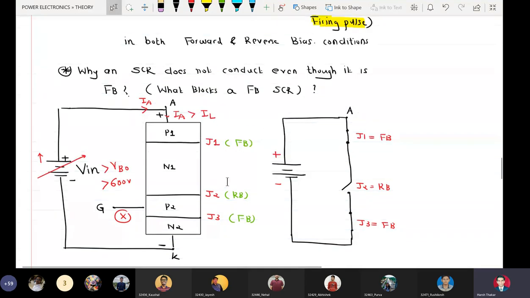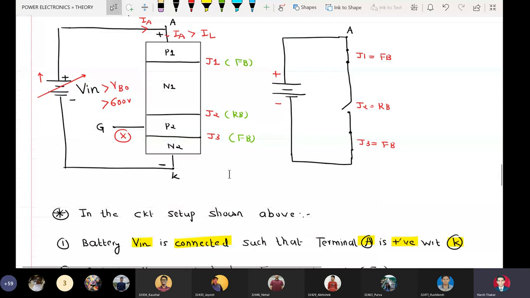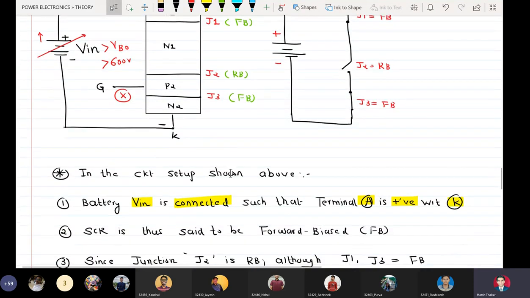Fine. So I hope that the importance of breakover voltage is clear to you in the absence of gate drive.